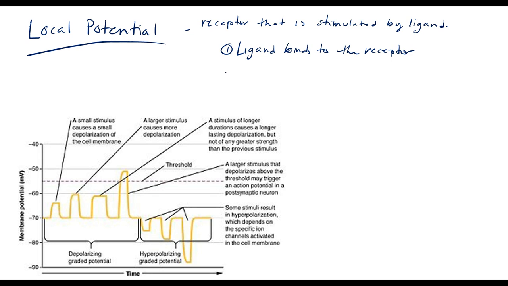That receptor is going to cause the sodium gates to open. Now remember, sodium in a resting membrane is mostly outside of a cell. There's some inside, but most of it is outside. So when those gates open, that's going to cause sodium to go into the cell.